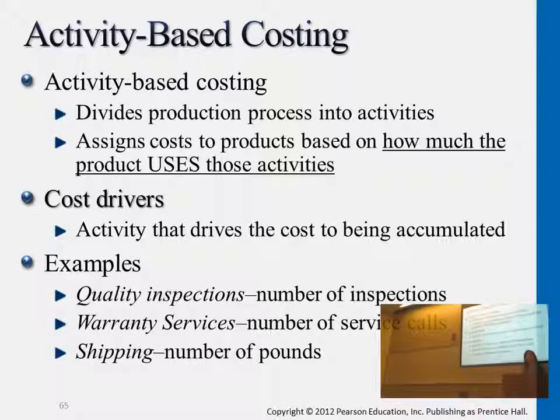The more times it occurs, the more cost incurs for inspection. You need to hire experts to help you inspect the product line, so the more times you ask them to come, the more cost incurs for quality inspection. Other examples, warranty services: the more customers come to claim problems with their products, the more service costs incurred.